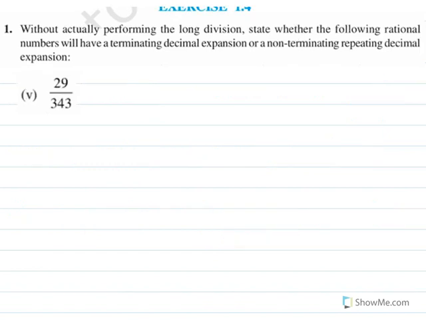Next we go to 29 over 343. Now do prime factorization of the denominator. 343 is 7 raised to 3. So here the denominator has got 7, no 2, no 5. That means it will be non-terminating.